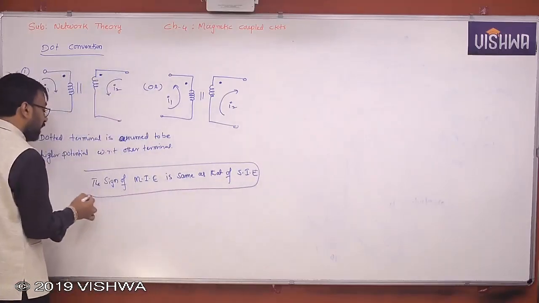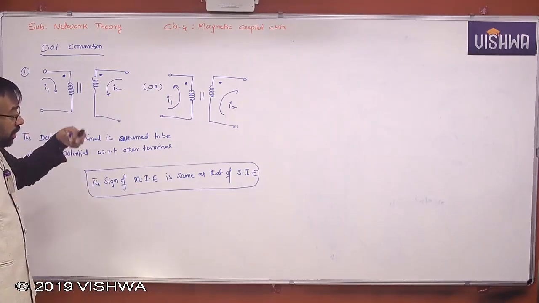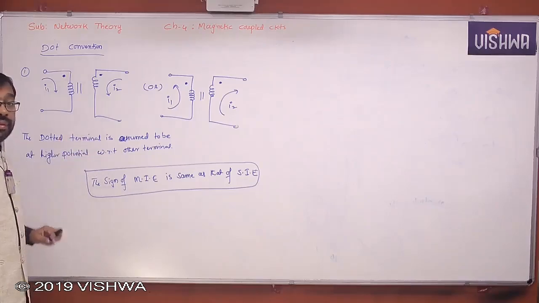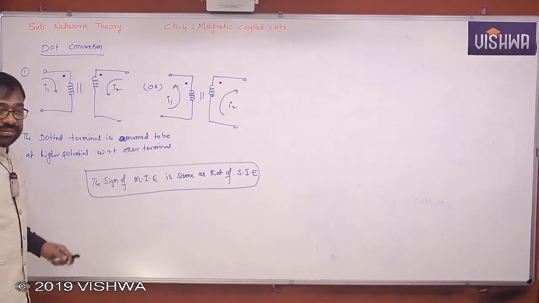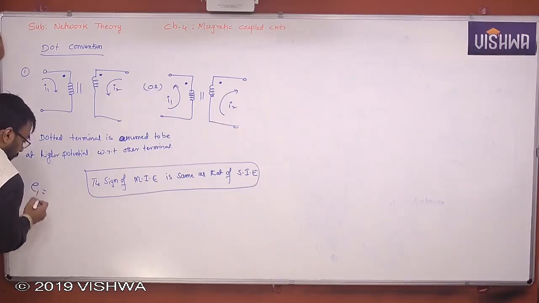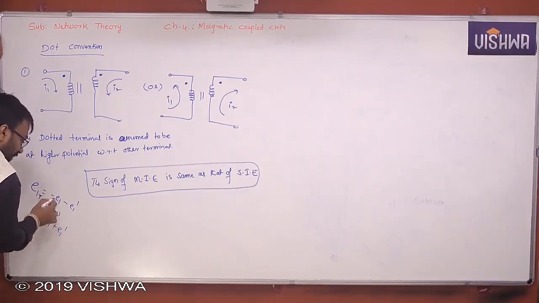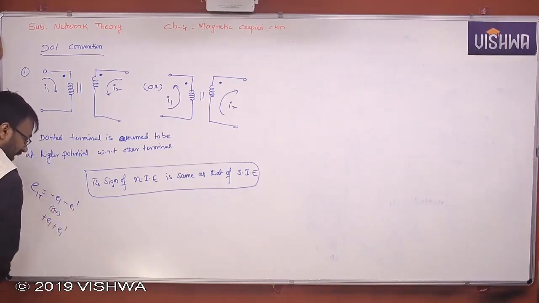That means when you get the self-induced EMF sign negative, then the mutually induced EMF sign is also negative. Positive, then it is also positive. That means if it is minus E1, then it is also minus E1 dash, or if it is plus E1, then it is also plus E1 dash. So what is happening? Even if it is minus, if you take it common, addition is taking place.